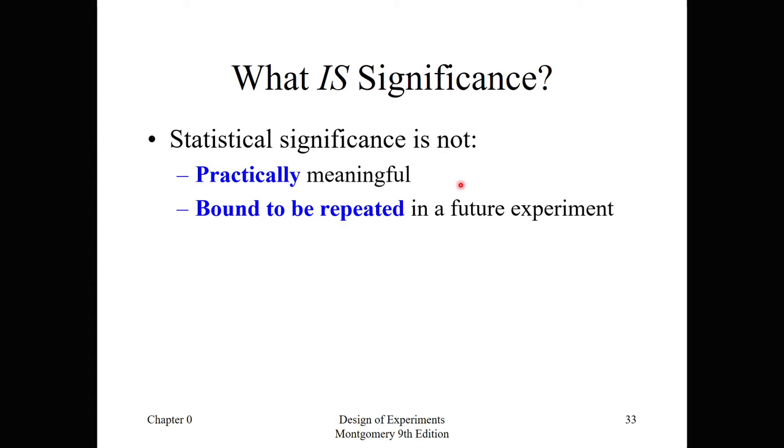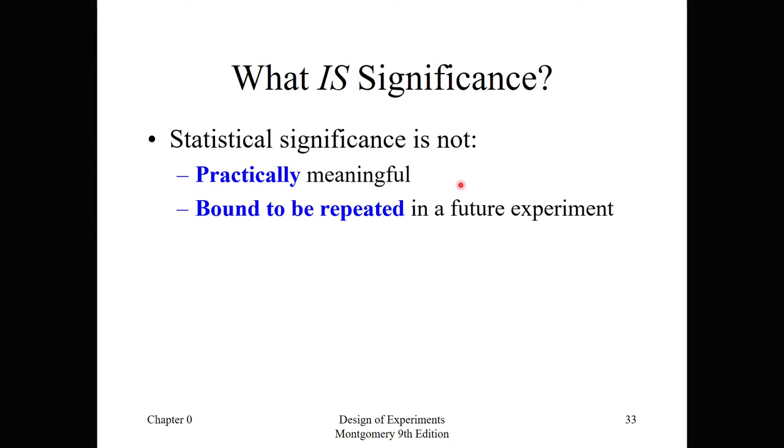Now, statistical significance, just like it's not practically meaningful, it also doesn't mean that something is bound to be repeated in a future experiment. So if I find that something is statistically significant at the 0.05 level, there's actually a really cool paper out indicating that the chances of repetition are astonishingly low.